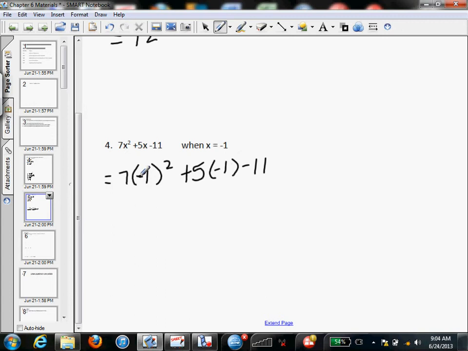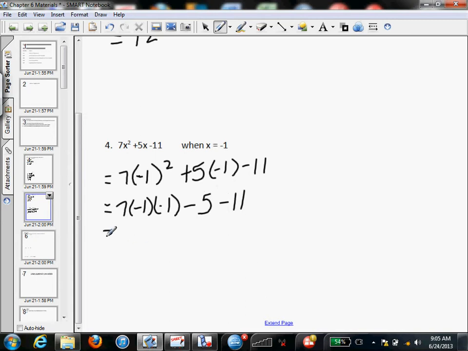Okay, so let's go through and simplify. We have 7 times, if we rewrite this, -1 times -1. Alrighty, and 5 times -1 is -5 minus 11.